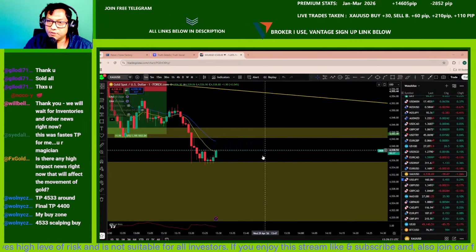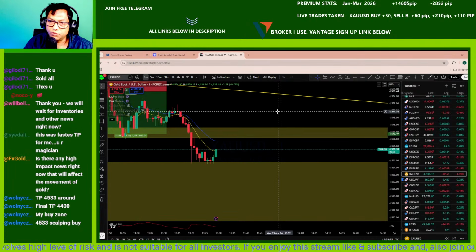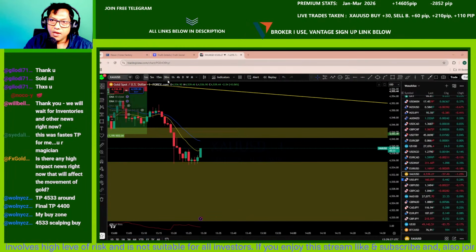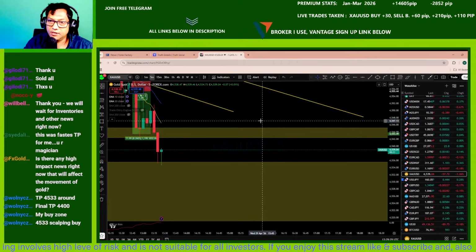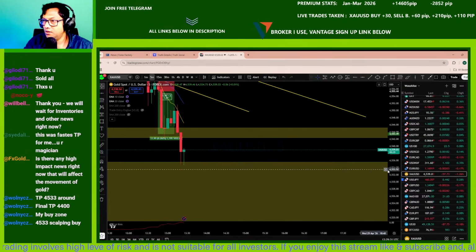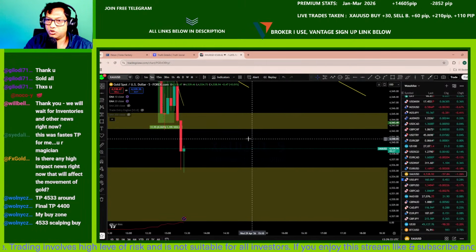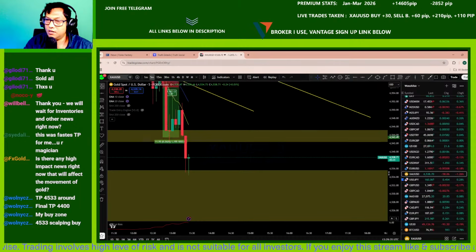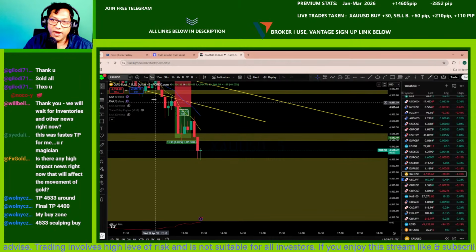So we can see the price at this level trying to push back above, and this is the lower time frame. The trend may go for a deeper pullback, and this is what you want to see.